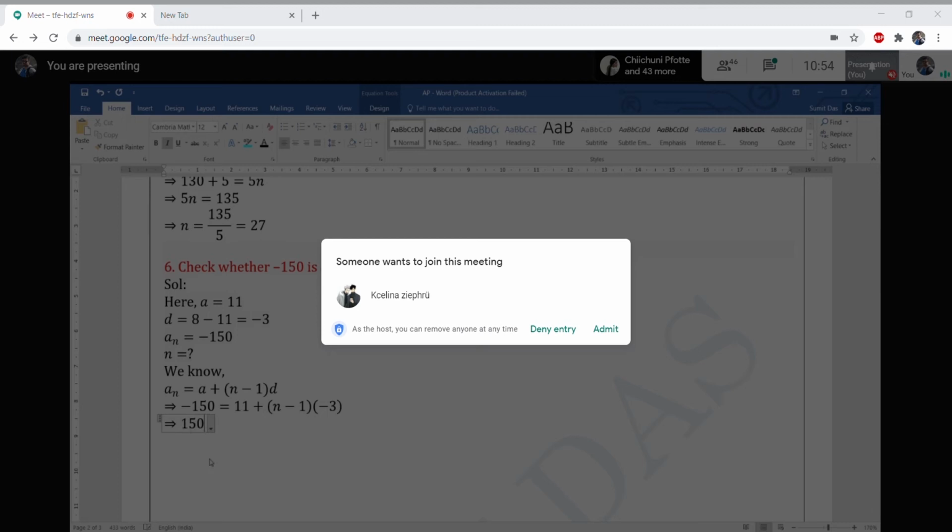Take the 11 to the left hand side, so we get minus 3 into n minus 1. Minus 150 minus 11 will be minus 161, which is equal to minus 3n plus 3.